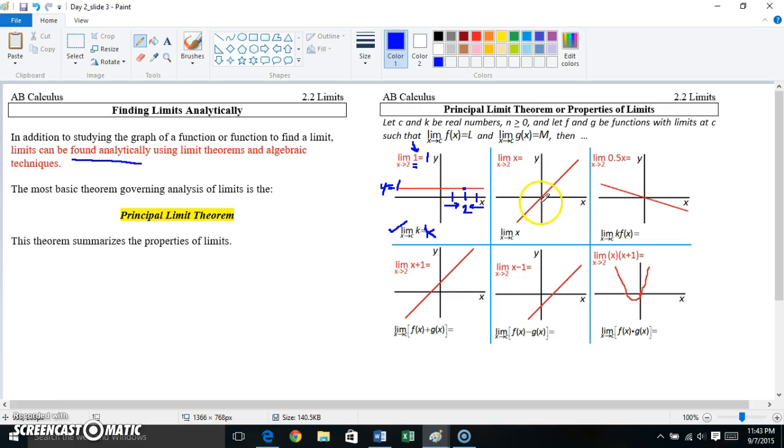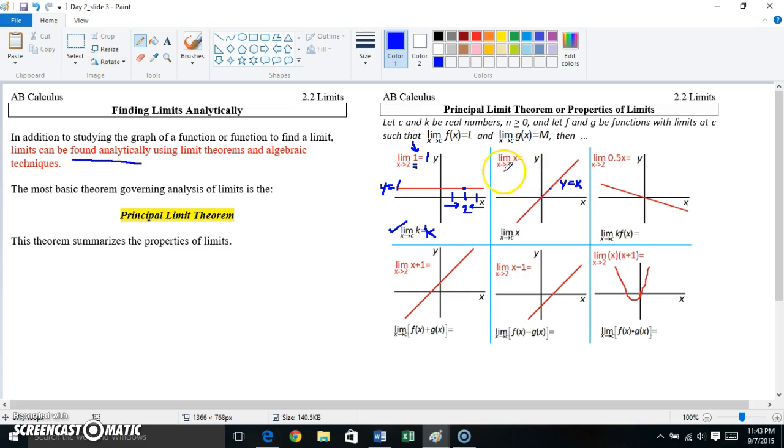The next rule is the identity rule. Y equals x is the identity function. Remember, every point on the y equals x line is x comma y, but it's really x comma x: 2 comma 2, 5 comma 5, -1 comma -1.